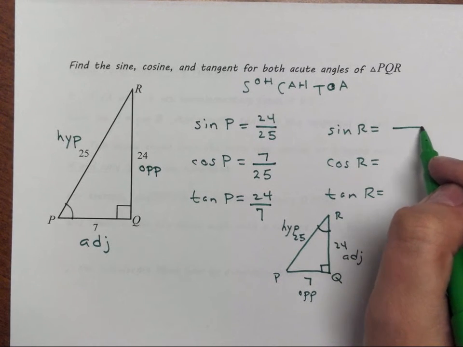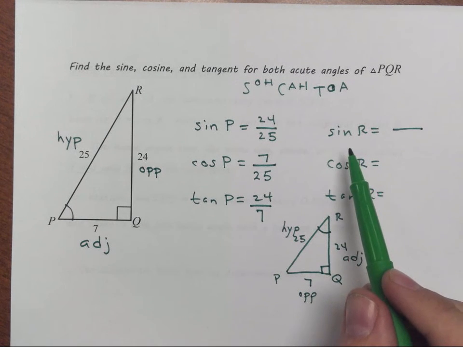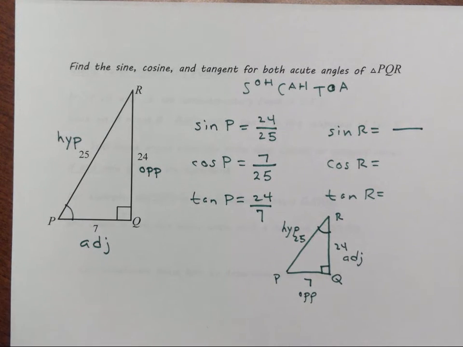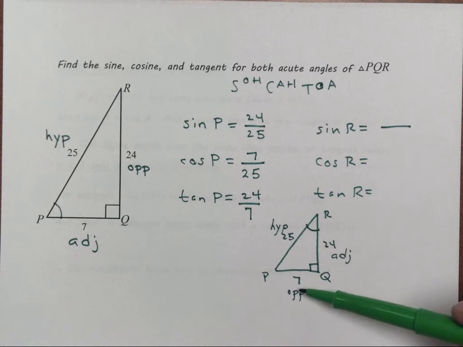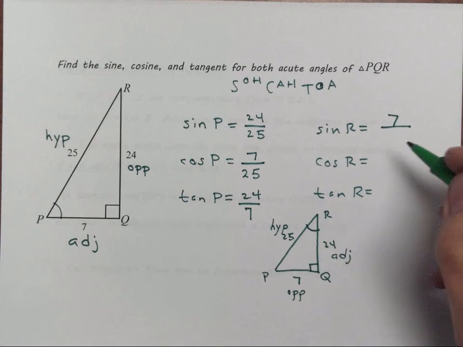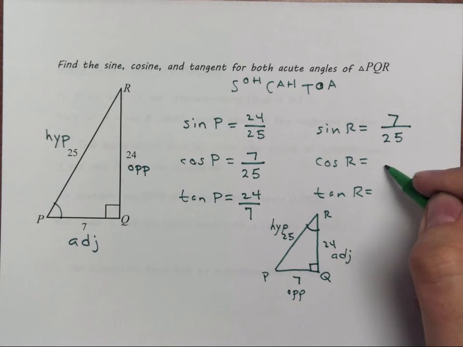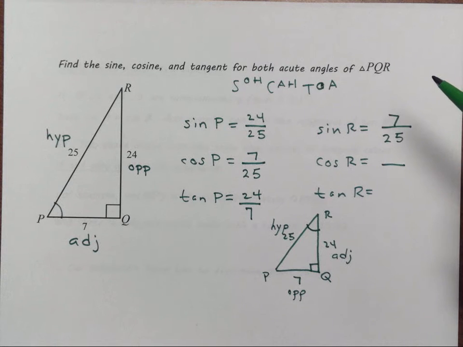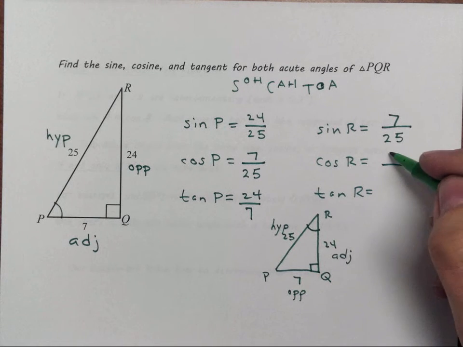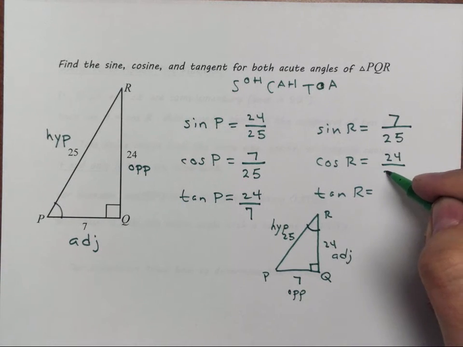So, if I'm looking from R, the sine of R, sine again means the opposite leg over the hypotenuse. So if I'm looking from R, the opposite leg is 7, the hypotenuse is 25. The cosine of R, cosine is adjacent over hypotenuse. The adjacent leg is 24, the hypotenuse is 25.